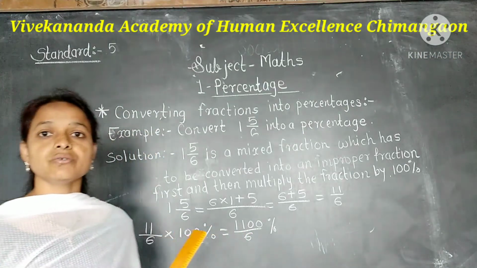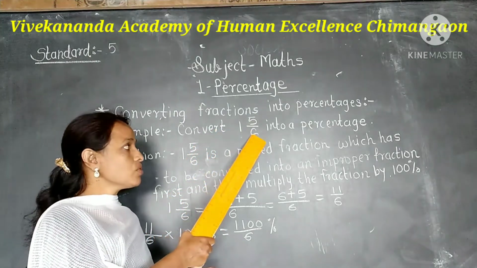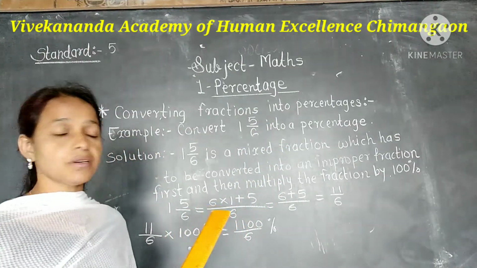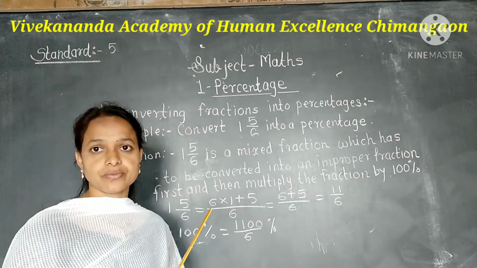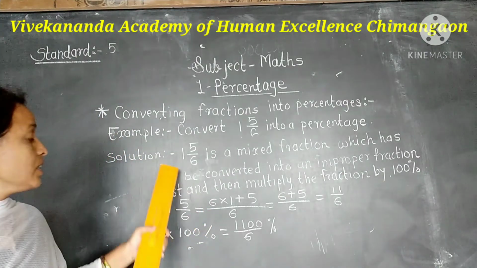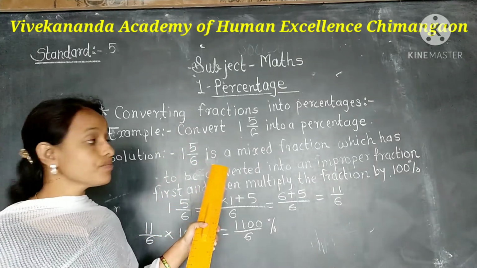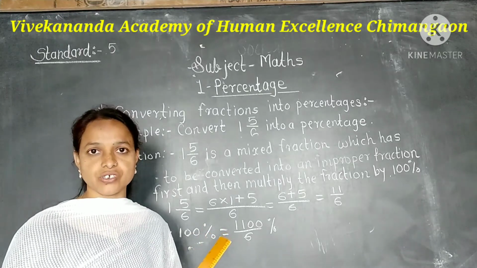Next example, we will see how to convert 1 5/6 into a percentage. In this example, the given fraction is a mixed fraction. So see its solution. First, the mixed fraction has to be converted into an improper fraction.